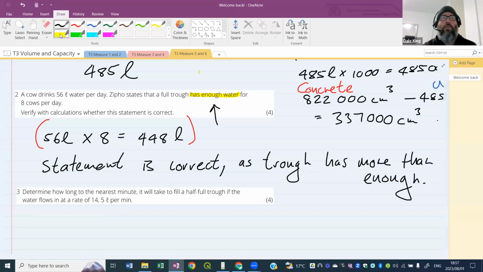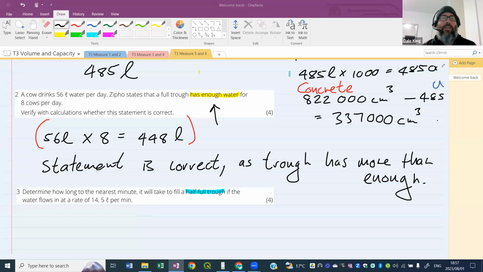First thing we need to do is work out what is half a trough. A full trough is 485, so what is half a trough? All right, Tando, no worries. Ben's got an answer there. He says 33 minutes. Round it off to the nearest minute.